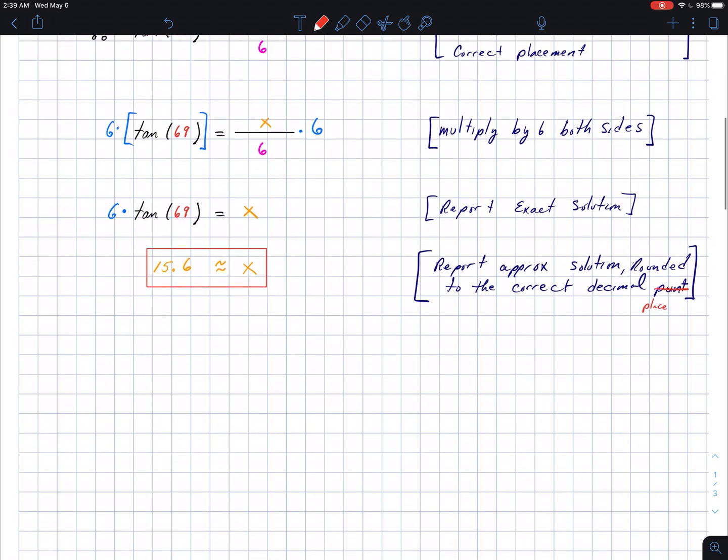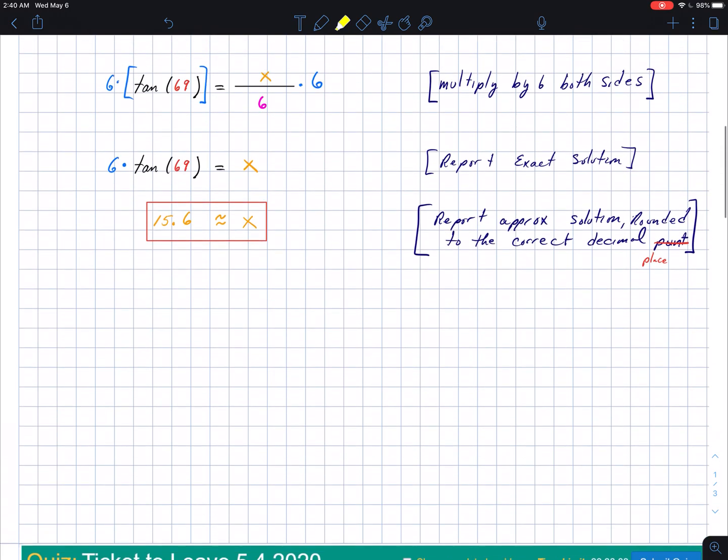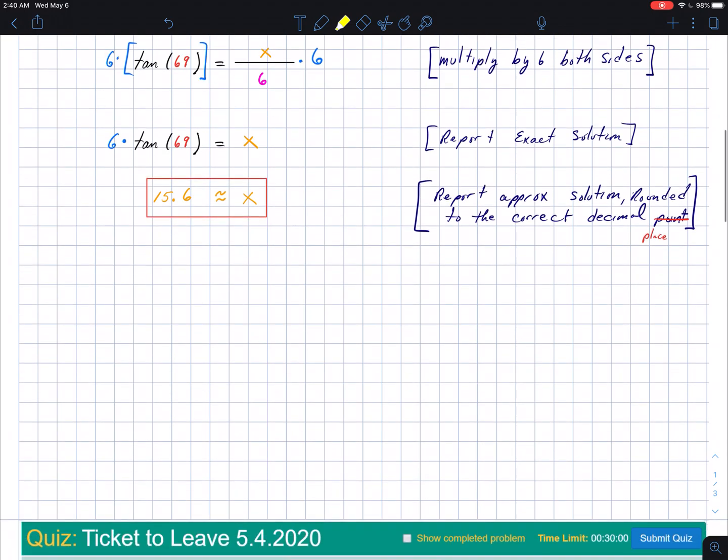What I actually did was I put this right into the calculator, literally writing 6 tan 69, and then hit enter. Okay. So remember, it said to the nearest tenth, so I rounded to the nearest tenth.